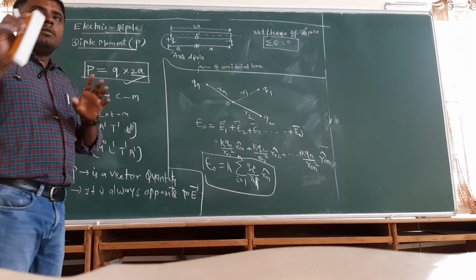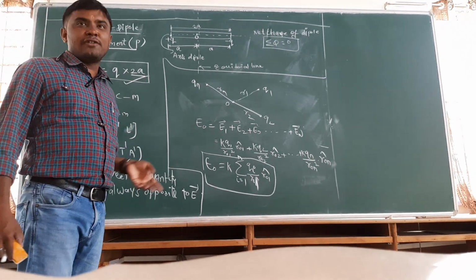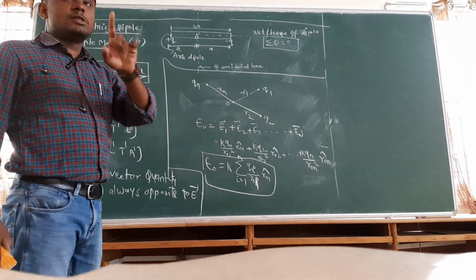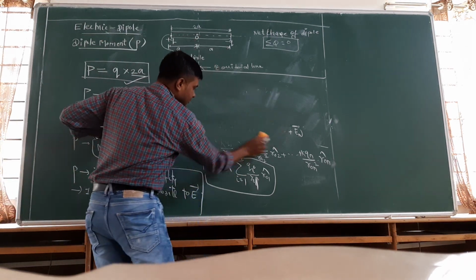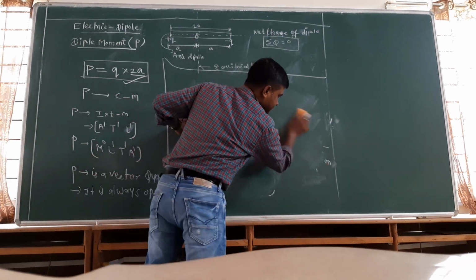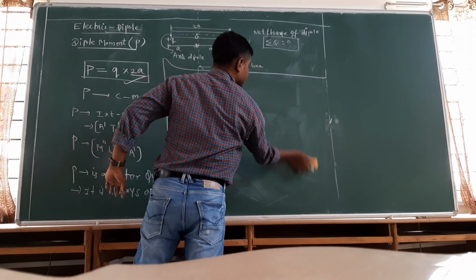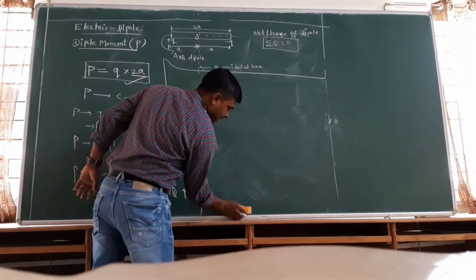We'll take one example, and by that example we'll understand the net electric field at any vertex of an equilateral triangle. I hope you are all getting these things.